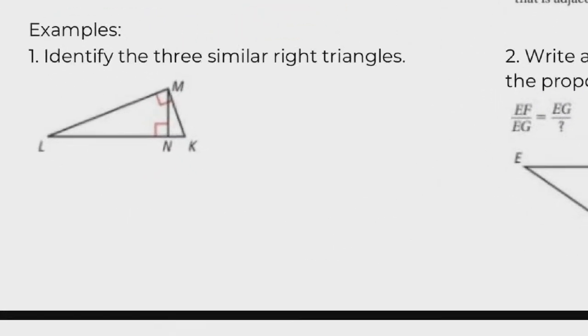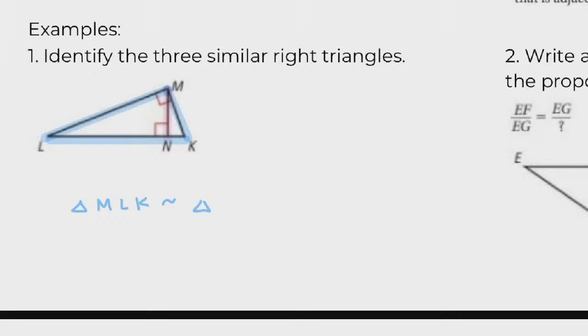Okay, so number one, we want to identify the three similar right triangles. So let's start with the big one, MLK. That is this one here. And that is going to be similar to... So I started with the right angle. That means I have to start at the right angle when I list out the other ones.